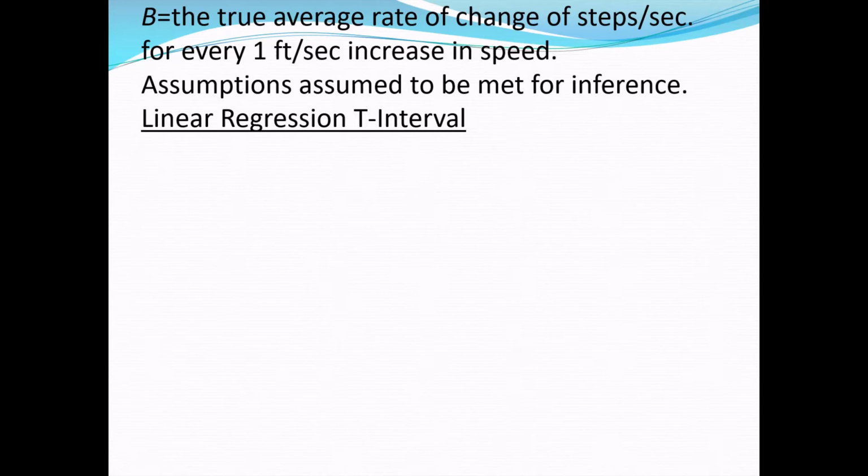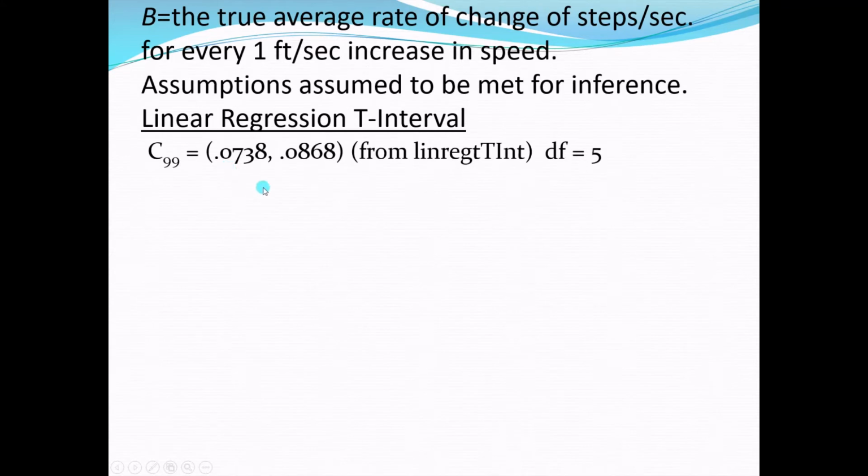All we need to do is just say assumptions for inference are considered to be met. We do need to name it, so linear regression T-interval, and we just write out what we got, all right? So it goes from 0.0738 to 0.0868 with 5 degrees of freedom from a lin-reg T-interval, you saw that.